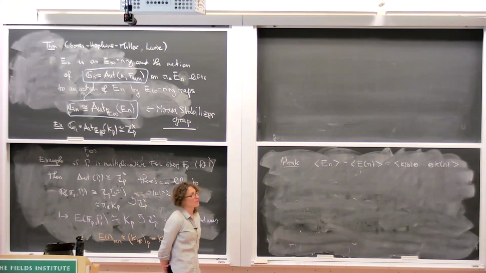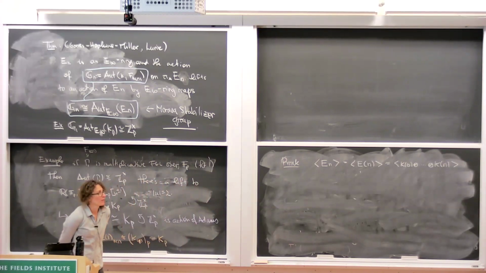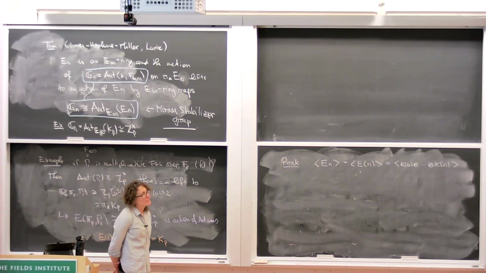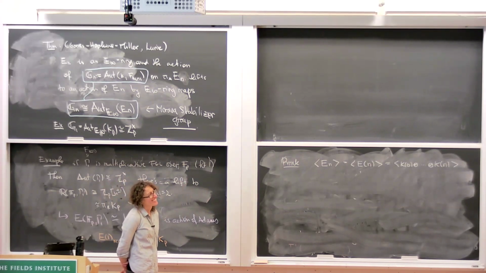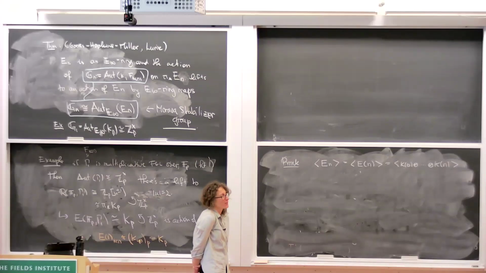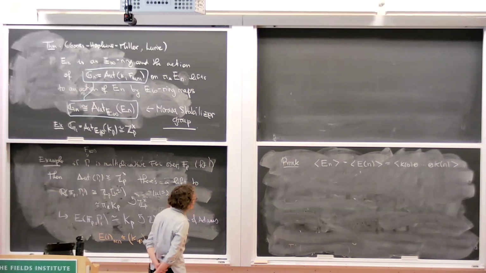It depends what you're trying to do. They're very closely related, with strengths and weaknesses. I prefer working with E_n, but that's just what I do. All right, thank you.